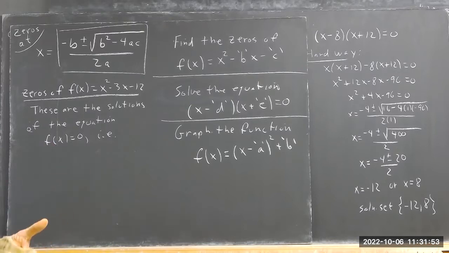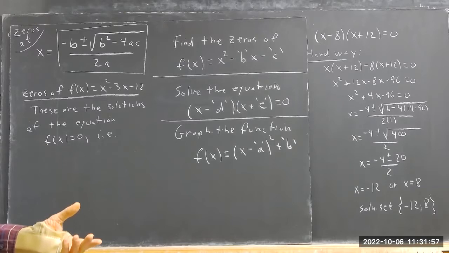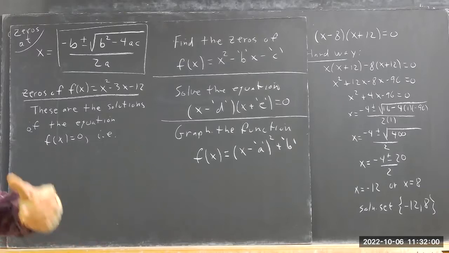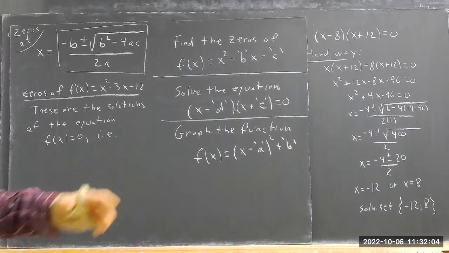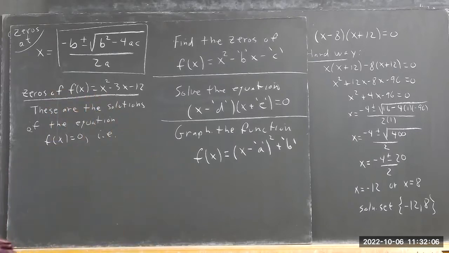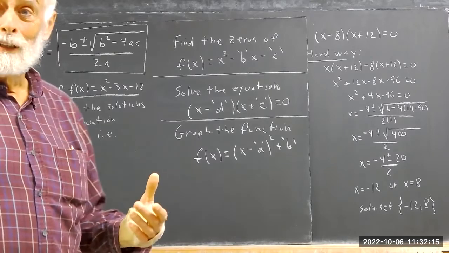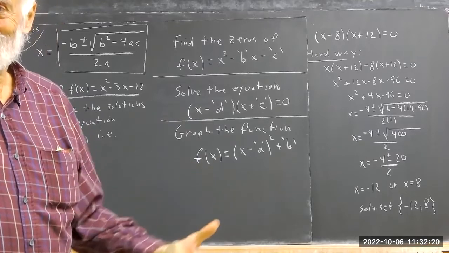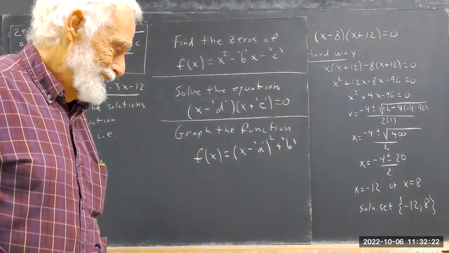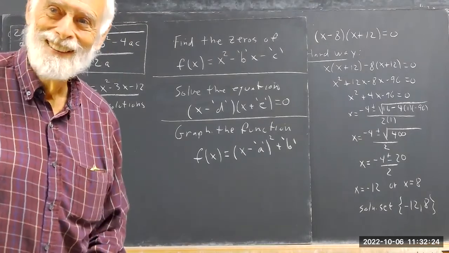A lot was assumed in that class, but I realized that more than half the class didn't know the quadratic formula, which kind of shocked me. You know, everybody in that class is probably in the top 2% of their high school graduating class. So when you talk about how much better things were in the old times, okay, you can't really use that as an example.